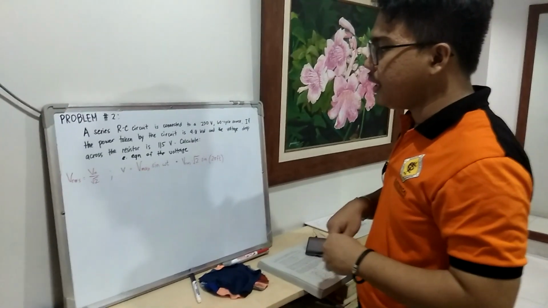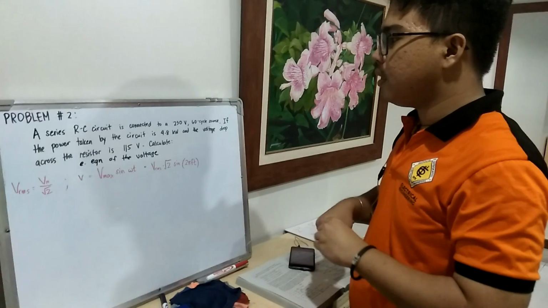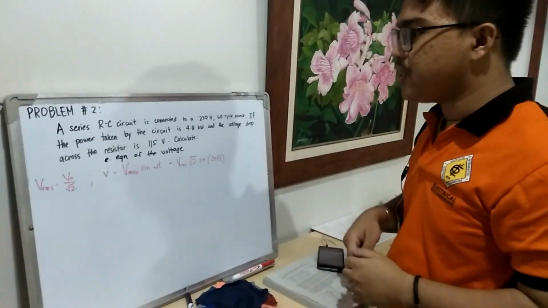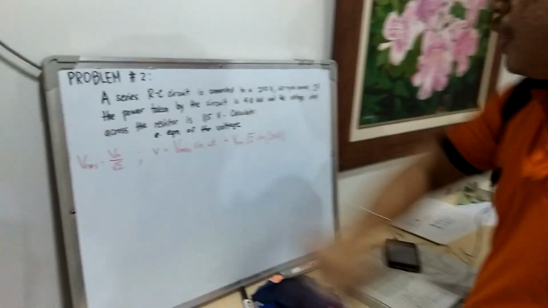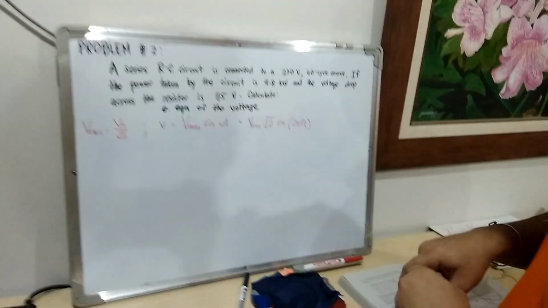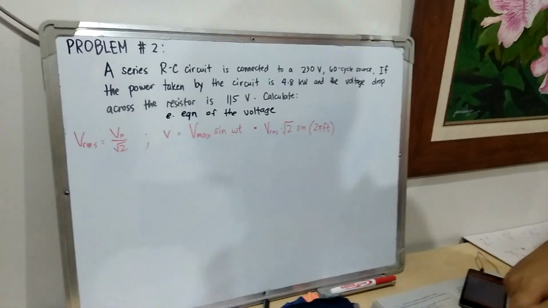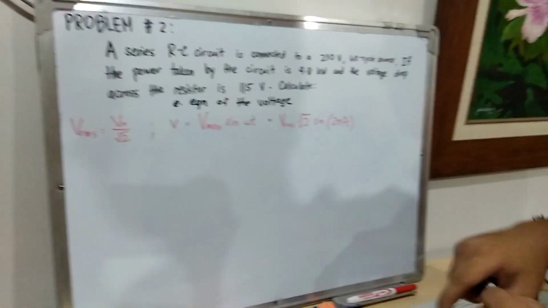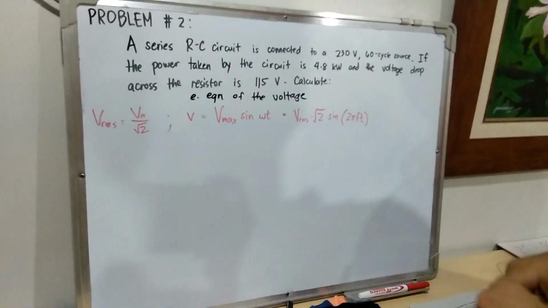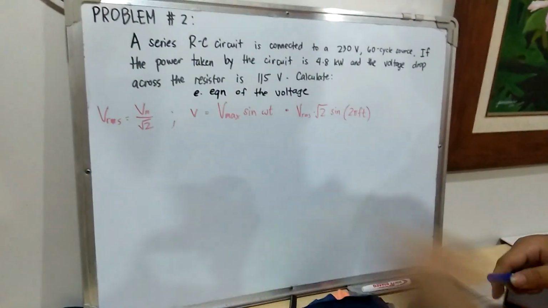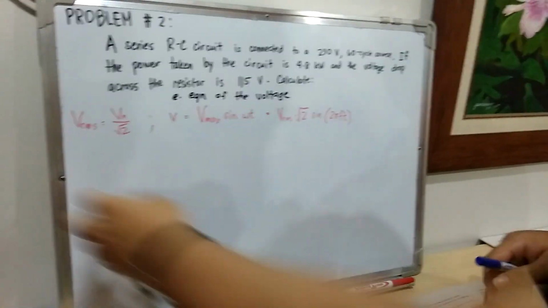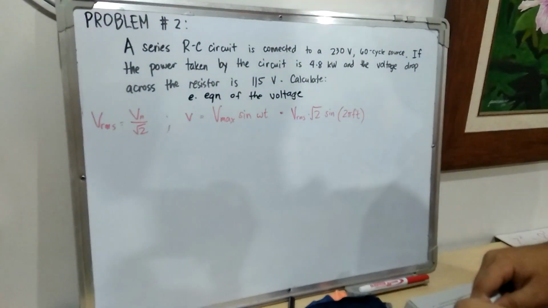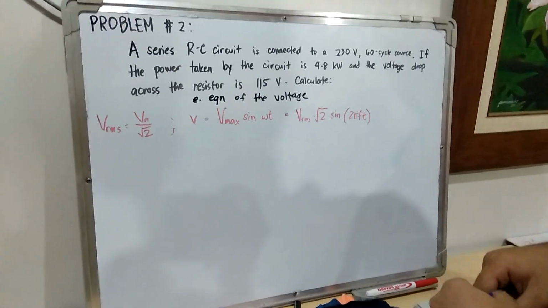For letter E, we are asked to calculate the equation of the voltage V. The equation for the voltage is V sub max sine omega t. Since we don't know the value of V sub max yet, we use the formula VRMS is equal to V sub max over square root of 2.